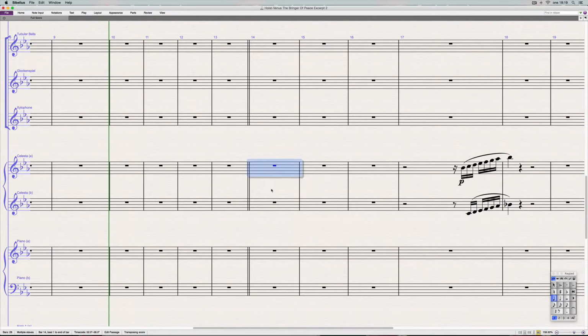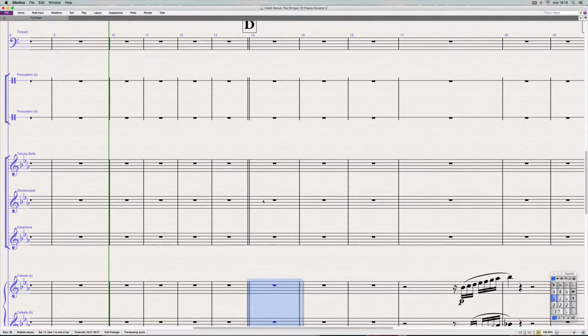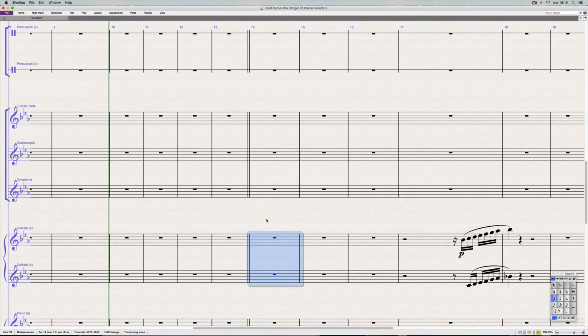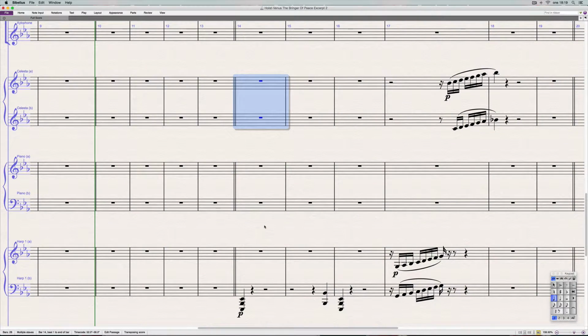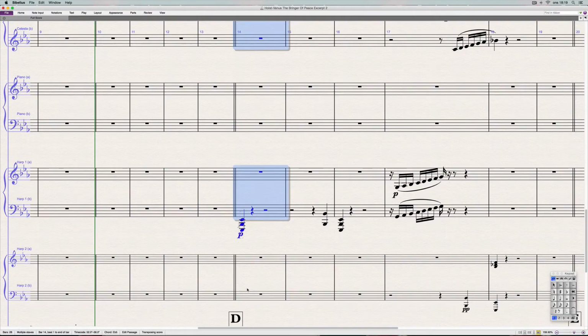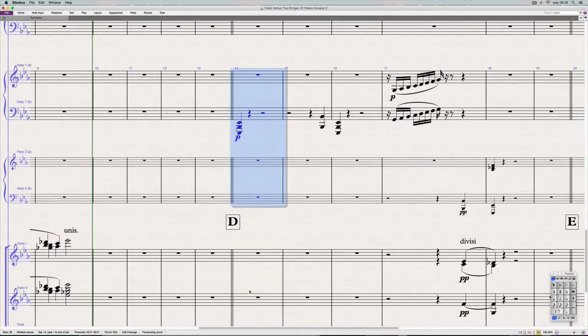So celeste and harp, whoops, harp 1 and harp 2, and then the strings.